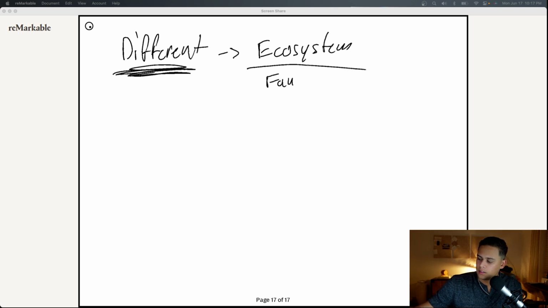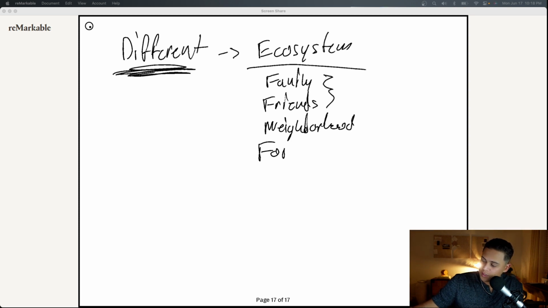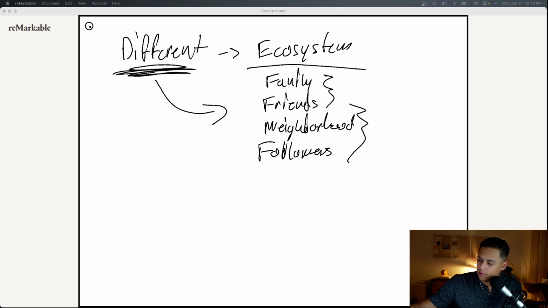So this could be your family, friends, maybe your neighborhood, your followers on Instagram, because everybody cares about how they look on social media nowadays. You're going to be doing something different than pretty much everybody here, unless you know someone who's running a business. So don't expect them to understand.